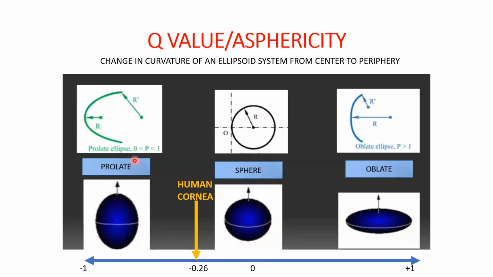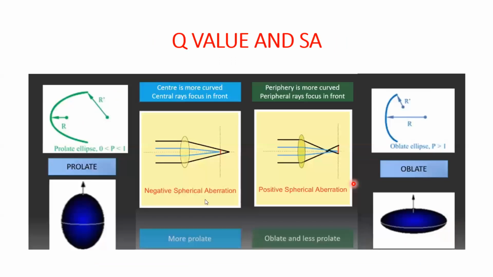As the surface becomes prolate, that is steeper in the center and flatter in the periphery, the Q value goes towards -1. When the surface is flatter in the center and steeper in the periphery, the Q value goes towards +1. We call this surface an oblate surface.